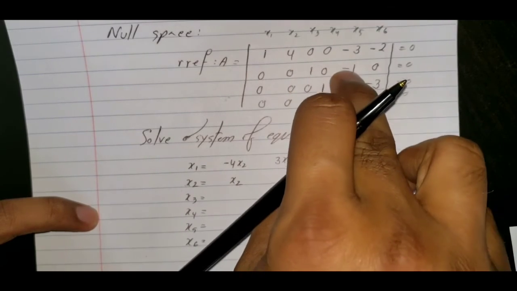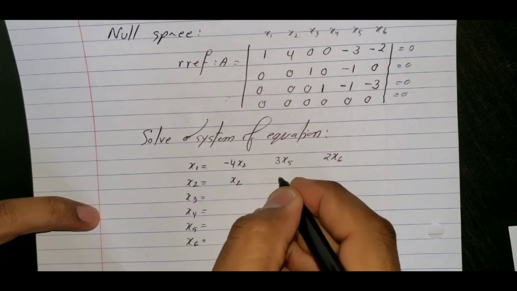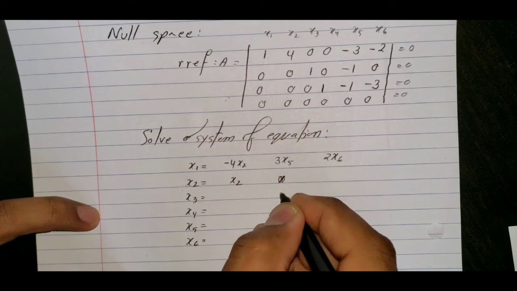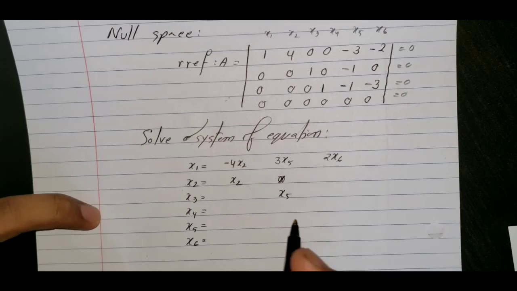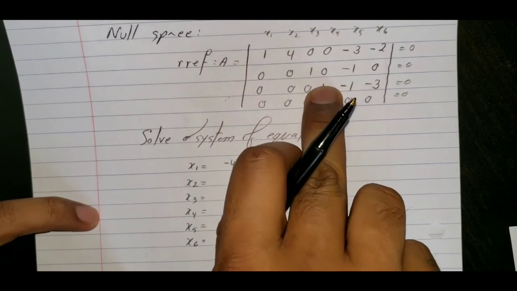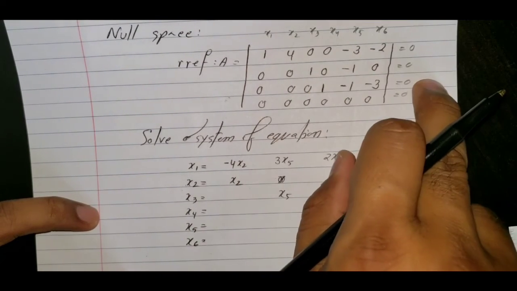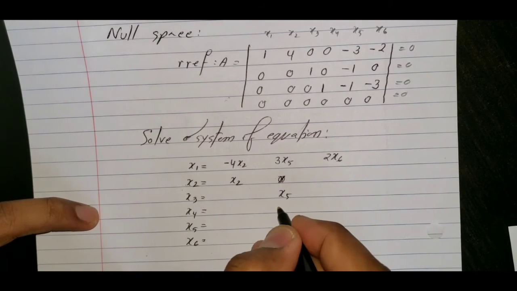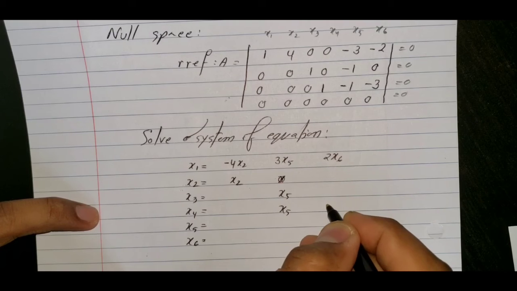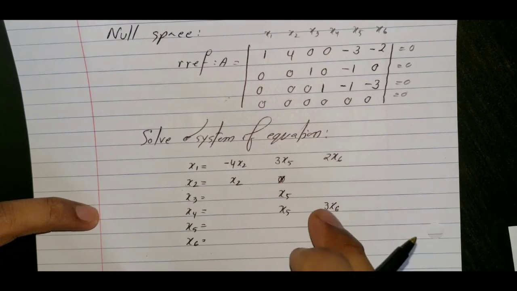So x3 is giving you 1x5. I'm sorry, here x3, x5, and that's it. Now x4, which is this, that gives you x5 and 3x6. So x4 is giving you x5 and 3x6, right?